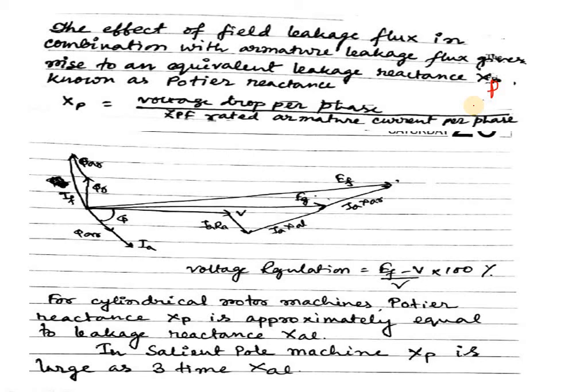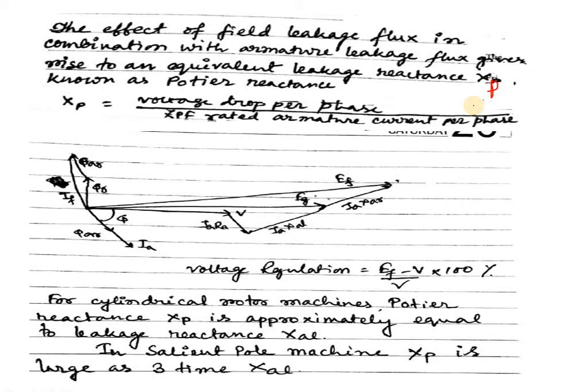Then IAXAL, the leakage reactance voltage drop, is perpendicular to IARA. Then we have joined all this together and it represents the EMF EG.